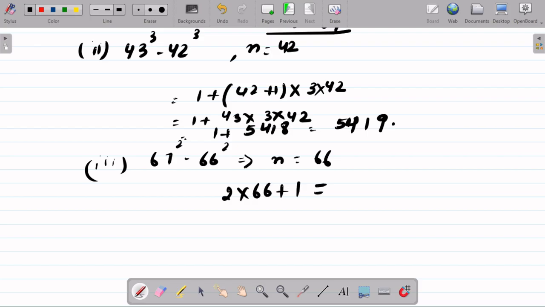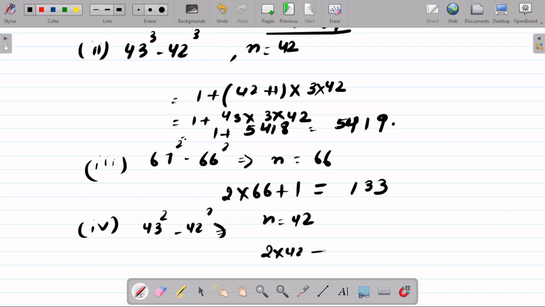This will give you 133. And similarly for the last one, 43 square minus 42 square, the value of n here is 42. This will be 2 into 42 plus 1, that is 85.